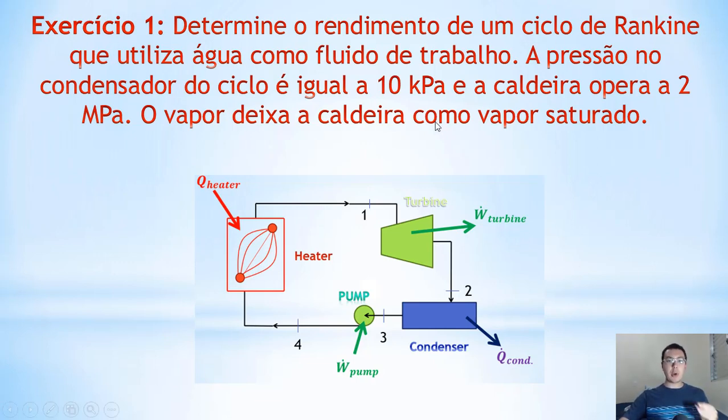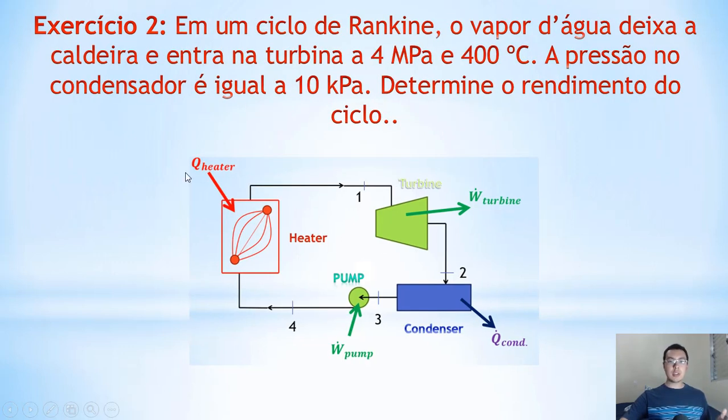We have the pressure at the heater and in the condenser, and I ask you to calculate the efficiencies of this cycle. And in this exercise 2, also in Portuguese, I want you to calculate also the efficiency of this cycle. I hope you understand my English, because my Brazilian English is awful, so it's good for me to practice.